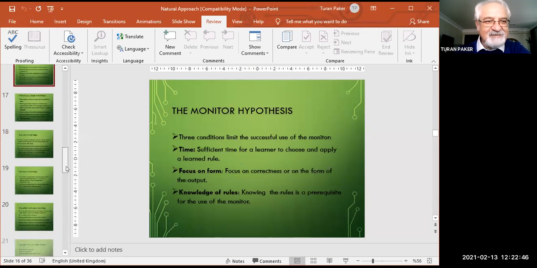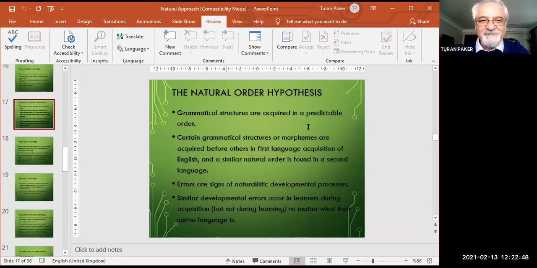Another hypothesis is the natural order hypothesis. Grammatical structures are acquired in a predictable order, which means certain grammatical structures or morphemes are acquired before others in first language acquisition of English, and a similar natural order is found in a second language. So we do not have to urge students to learn certain structures before others. And if you look at the textbooks, usually they are still structural.